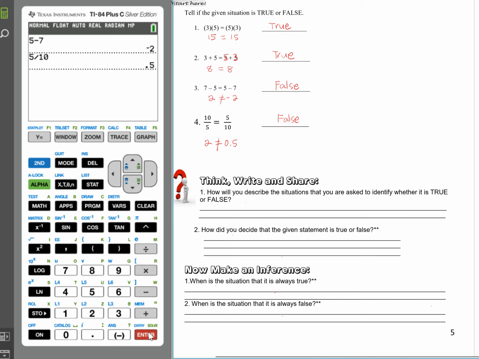I would say that the situation given here is whether switching the positions of the numbers will arrive at a true or false situation.